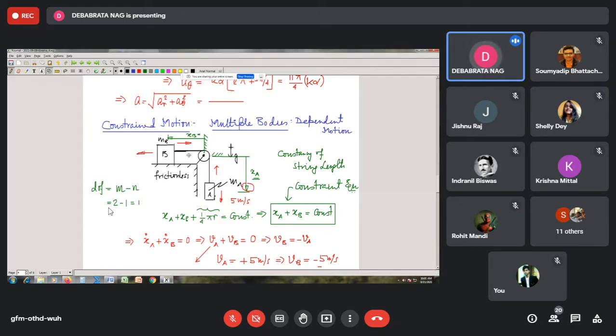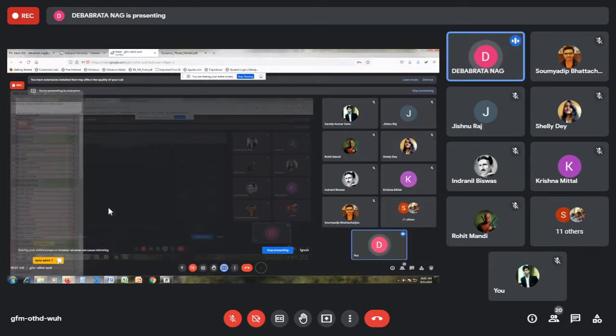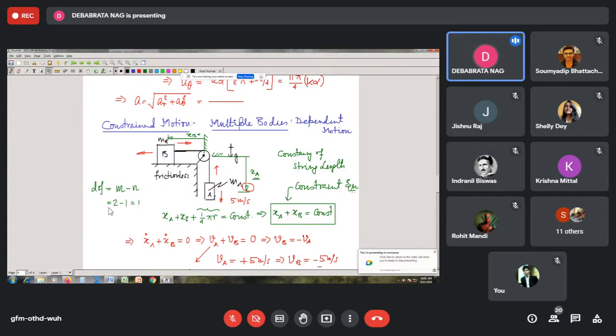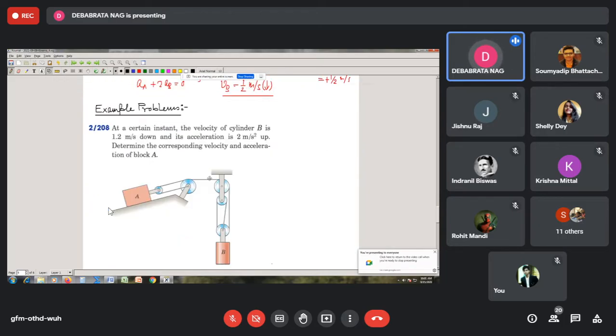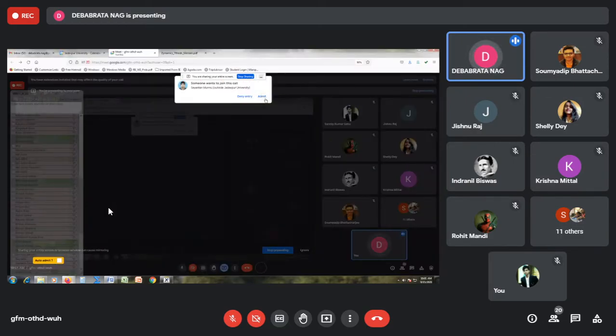So this was the concept: we need to consider the entire length of the string, and we see that this constancy of the string length has been used to find the relation between the motion of these two masses. Today we will take up an example problem on how to apply this principle.